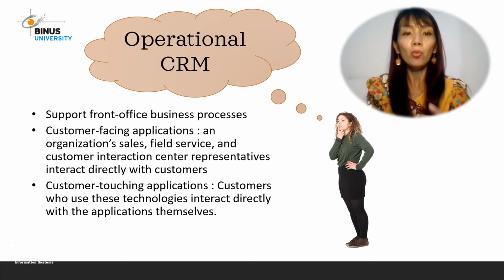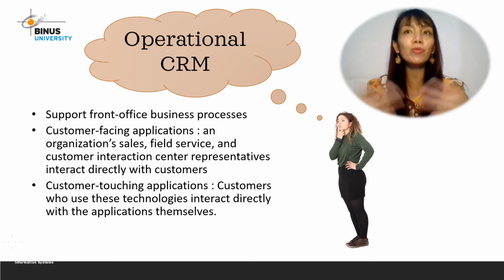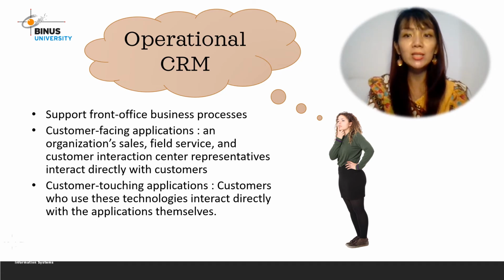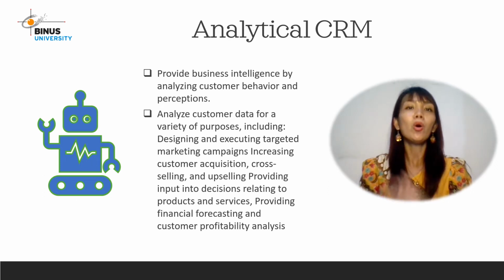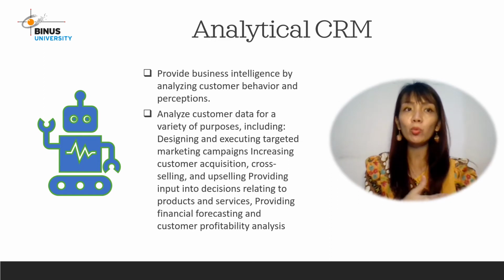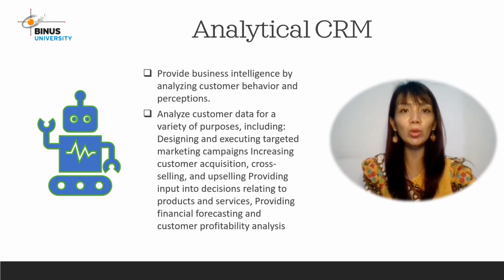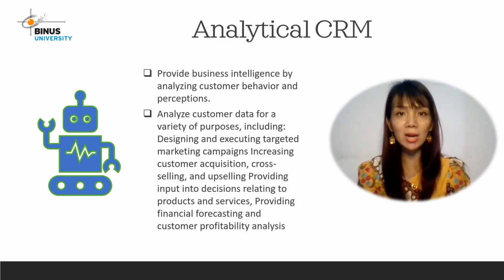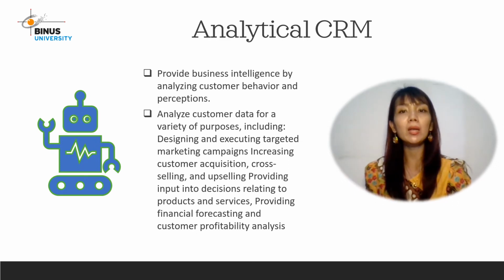After that, we have to analyze the behavior and move on to the strategy for this customer. So we move to analytical CRM. Operational CRM starts with the front-end relationship with the customer, while analytical CRM captures the back end of analyzing customer behavior.